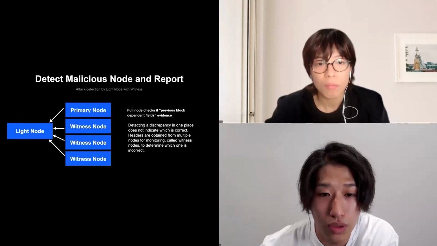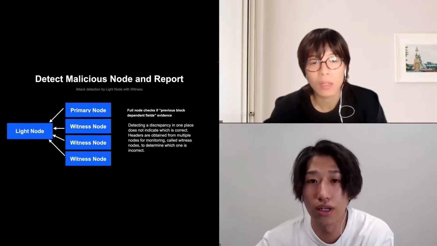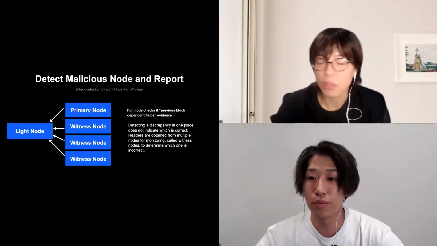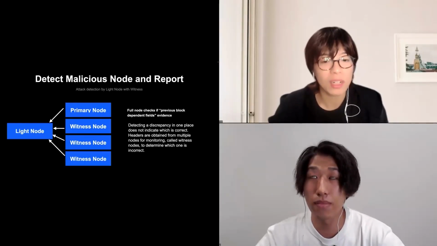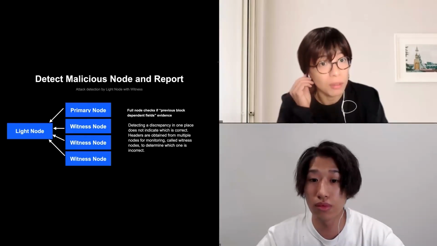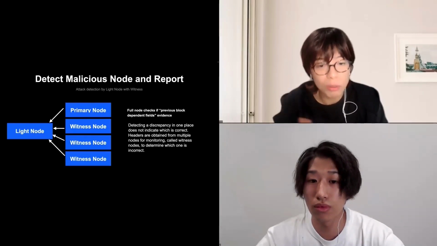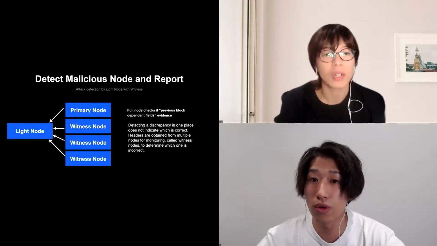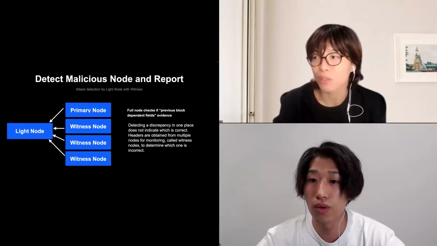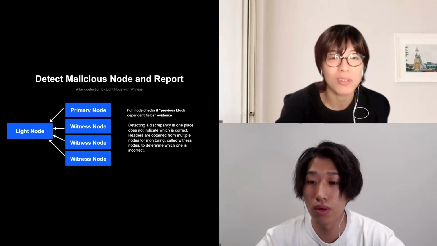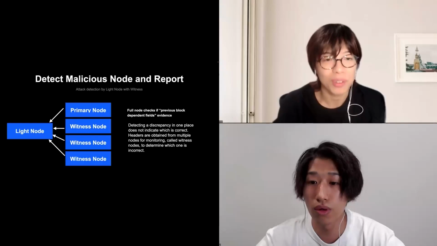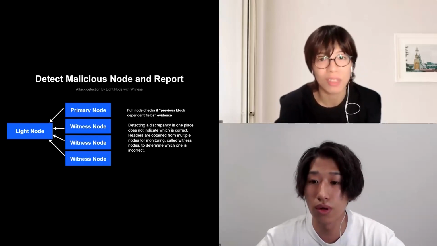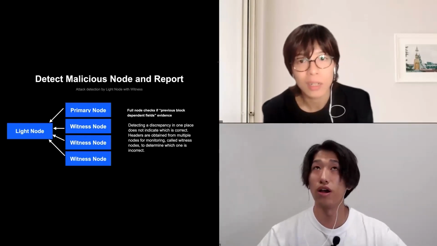Based on that assumption, the number of witness nodes will be determined. By setting up the witness nodes, the 1/3 rule will be broken. This is a kind of backup feature for when the 1/3 rule is compromised. So as many witness nodes as possible would be utilized to monitor primary nodes. That's the main feature of detection and reporting.